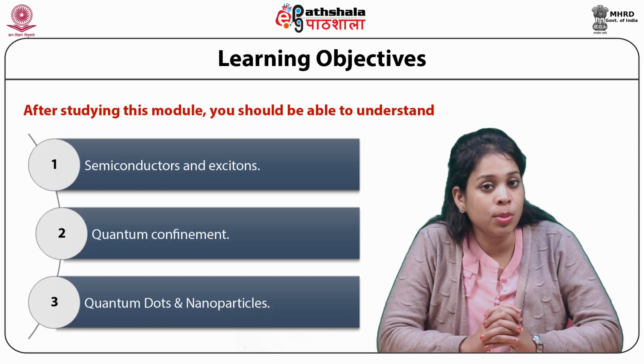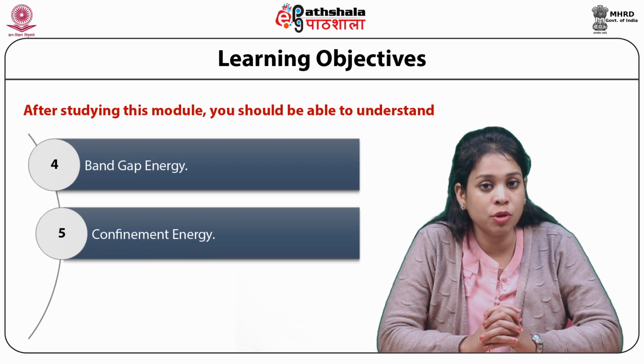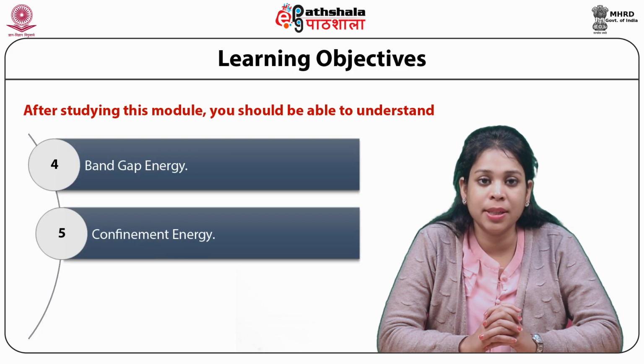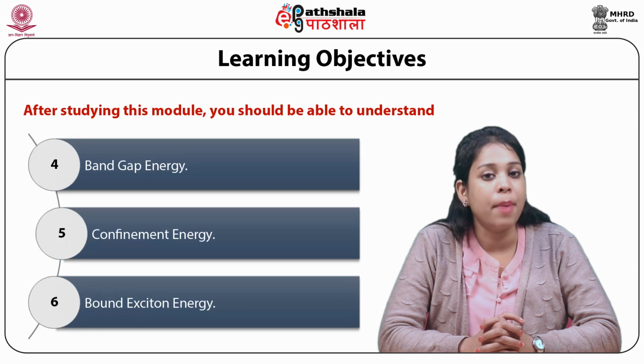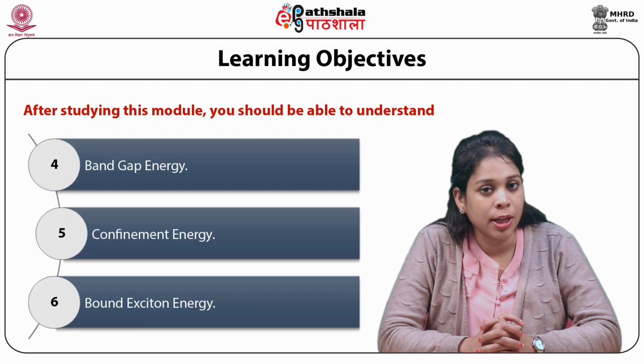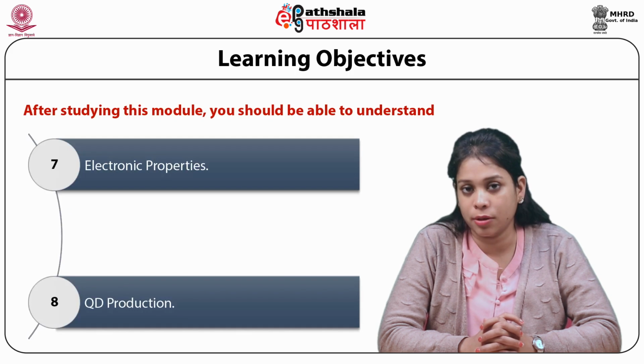You will be able to understand the band gap energy for a quantum dot and its confinement energy. We will be discussing bound exciton energy, electronic properties and quantum dot production.